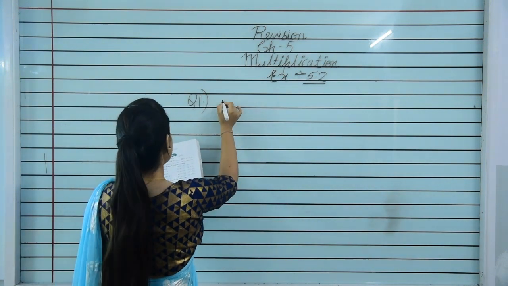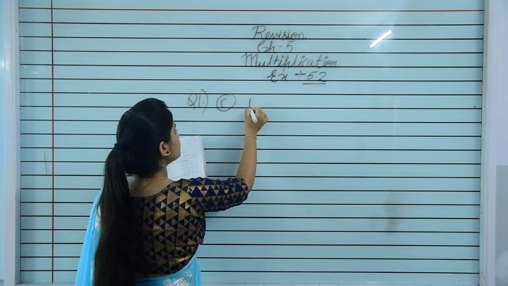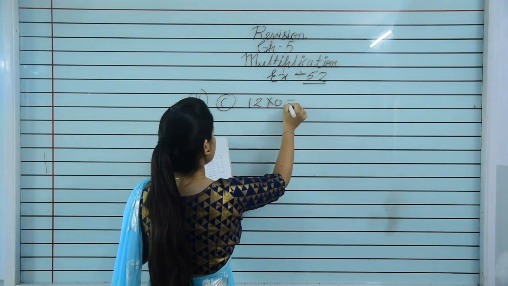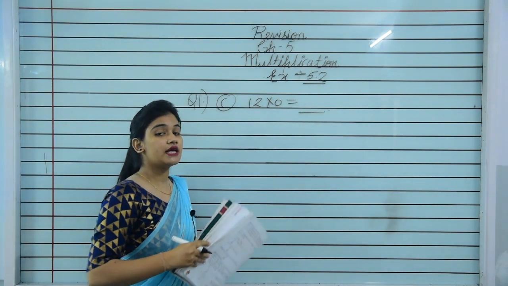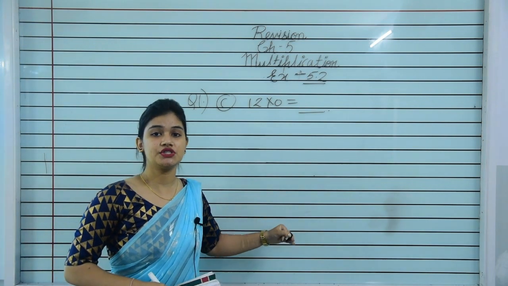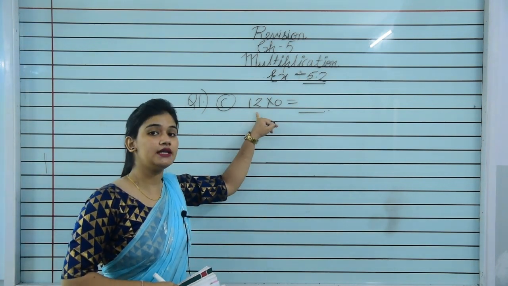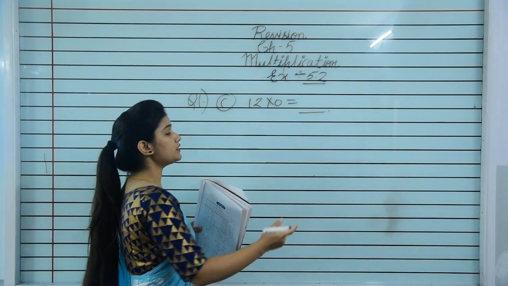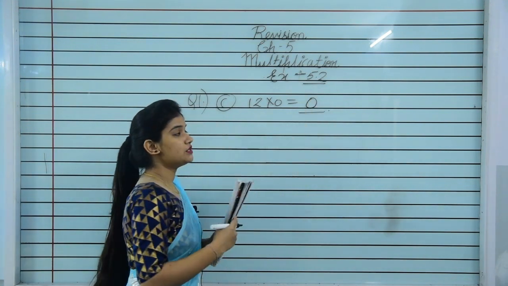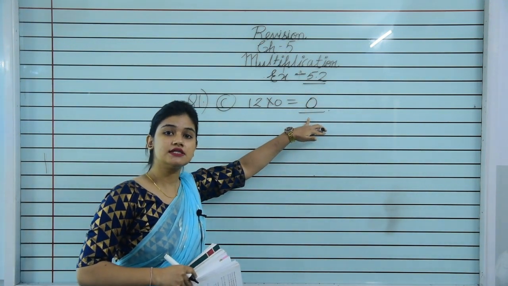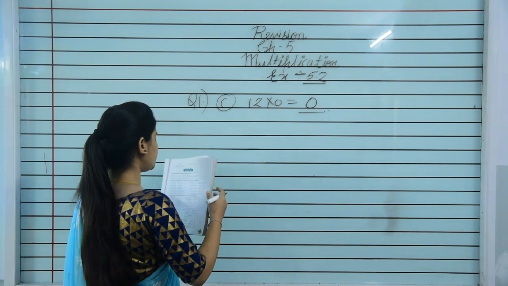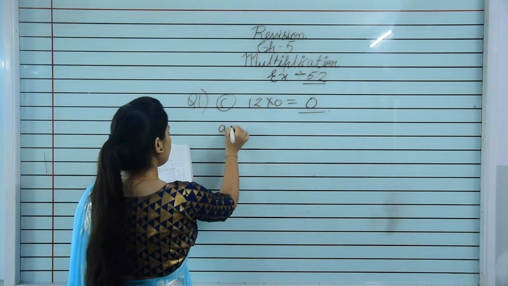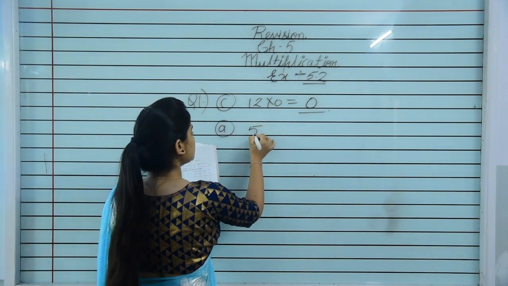We are taking C part. 12 into 0 is equal to dash. As I have told you, the third multiplication fact says if you multiply any number by 0, the product will always be 0. So the answer is 0.